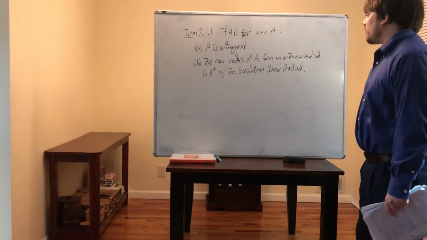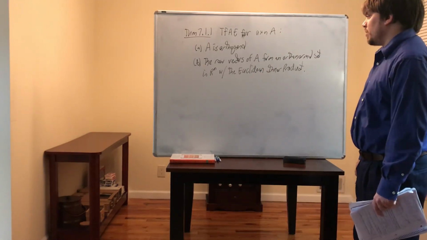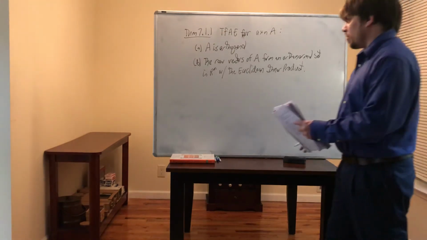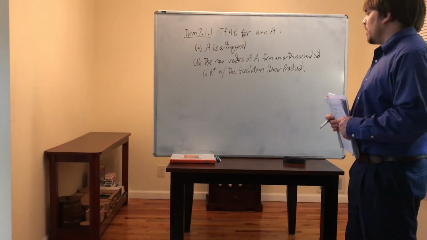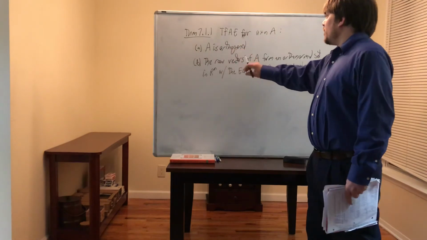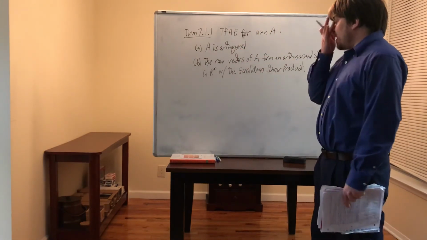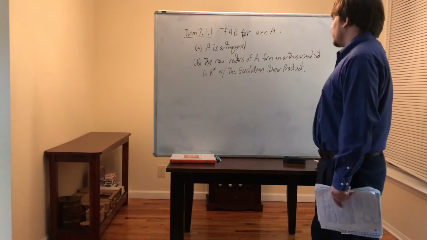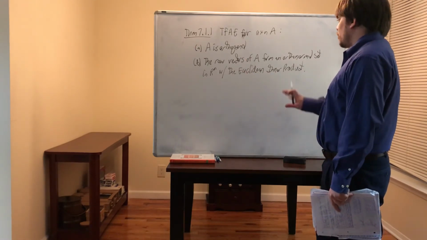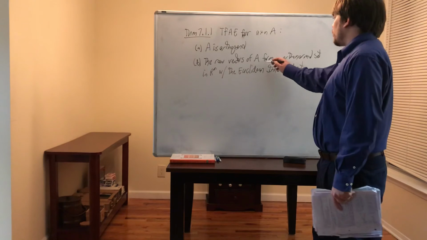So that means that you have an n by n square matrix A, and if you take the rows of A, you can make them row vectors. Those row vectors form an orthonormal set, right?